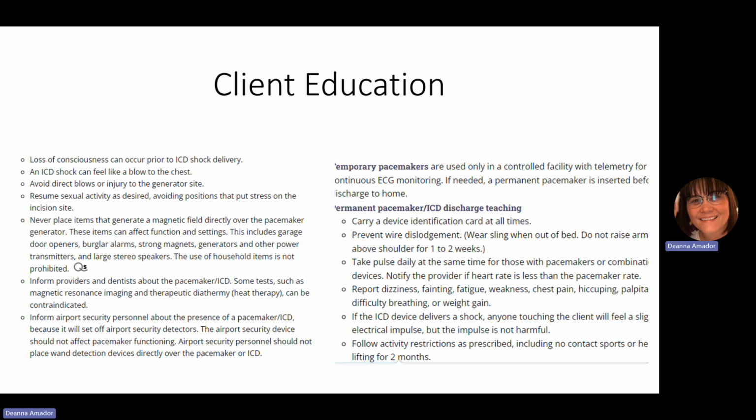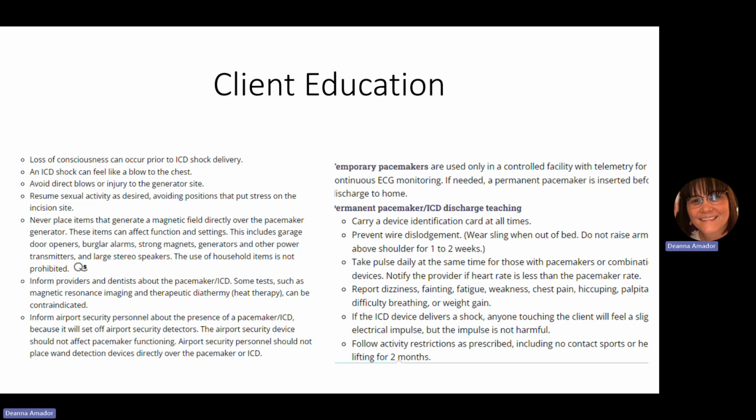So it is important to teach those signs and symptoms of what that would feel like if they do have any dizziness or maybe go into an irregular heart rhythm. The hiccuping has to do more so with perhaps the generator or the pacemaker pacing the diaphragm of the patient. So that would be something that we would not want to happen. So if they are having hiccuping, then it's important that they report this to their provider.